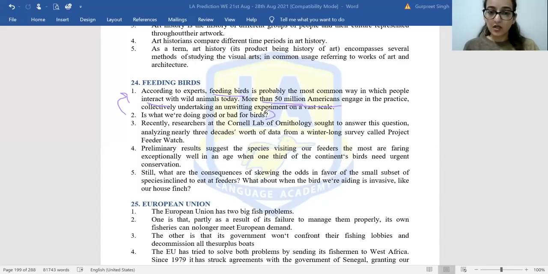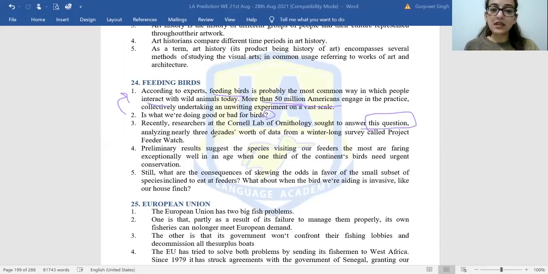The question mark comes here. That means there is something related to the question, and that is given in the very next sentence, when they say, recently researchers at this ornithology lab sought to answer this question. That is why the question comes first.